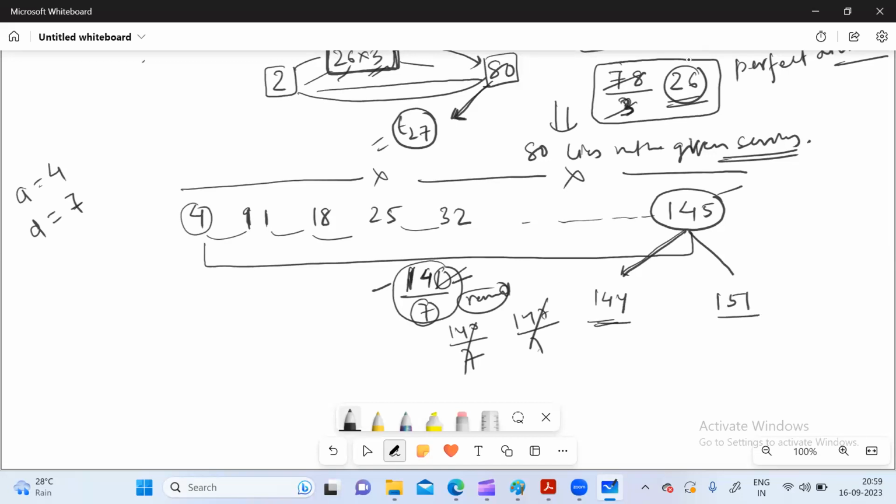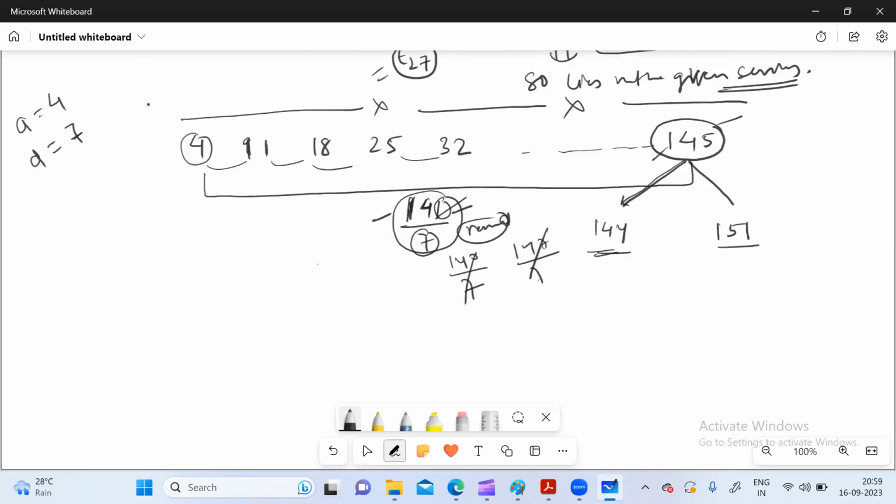Sometimes people ask a different question which is almost the same: which is the closest number to 145 which lies on this series?